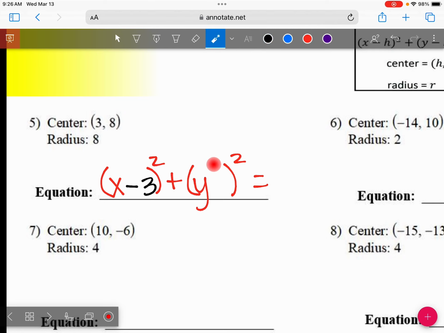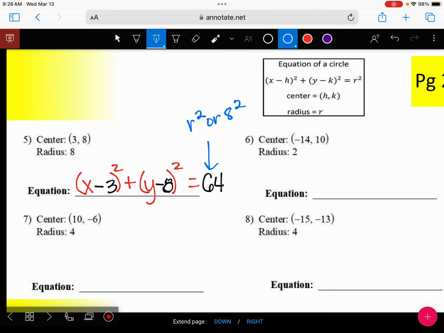The opposite of positive 8 would be a minus 8. And it's going to equal 8 times 8, which is 64. So I got this number by taking the radius squared, or 8 squared.